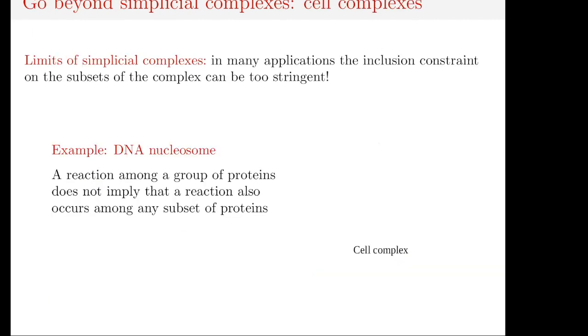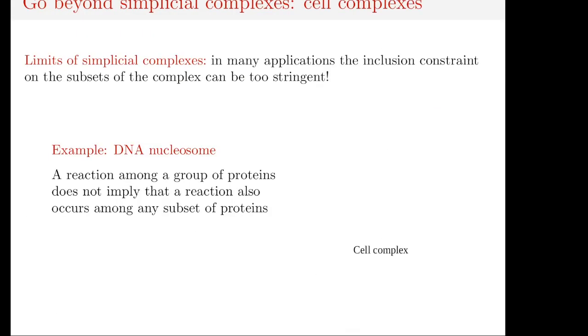These limits matter, yes, because in some applications I need a more sparse representation. For example, I have a reaction among entities. Here there is not the cell complex, but it is the same structure.